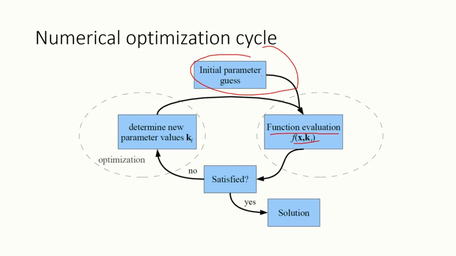If not, I'm going to set up a new set of parameter values and try again, okay? So the art of the optimization is in this particular step. If your objective function is not achieved very well, how can you change the combinations of your parameters in order to achieve that target as soon as possible?